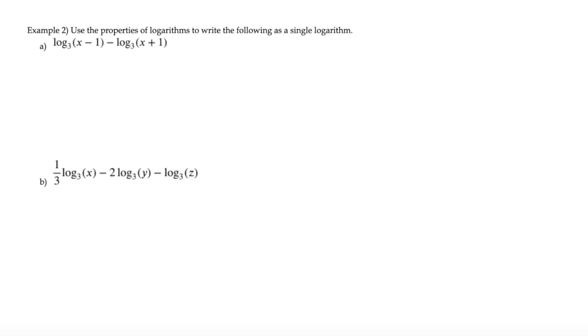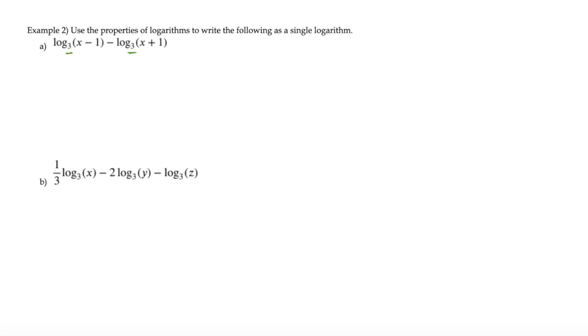On slide 5, we're going to start off with an example like we had completed on the previous slide. We have to make sure that our bases are the same. Just like when we were expanding, we kept the base the same throughout. If they're not the same, we might have to do a little side work to make them the same, and I'll show you how to do that in an upcoming example.